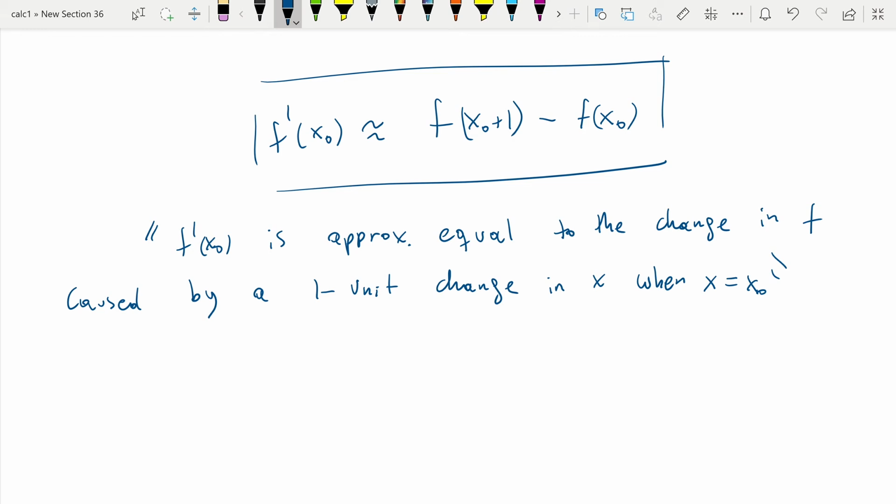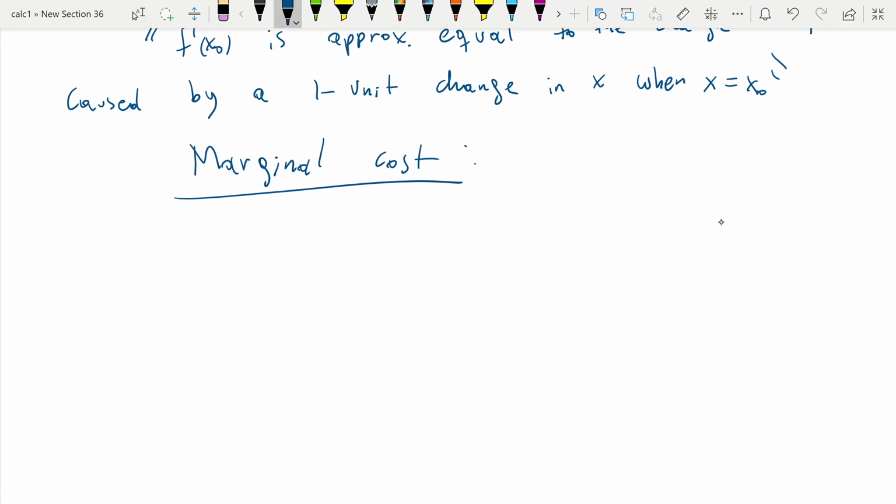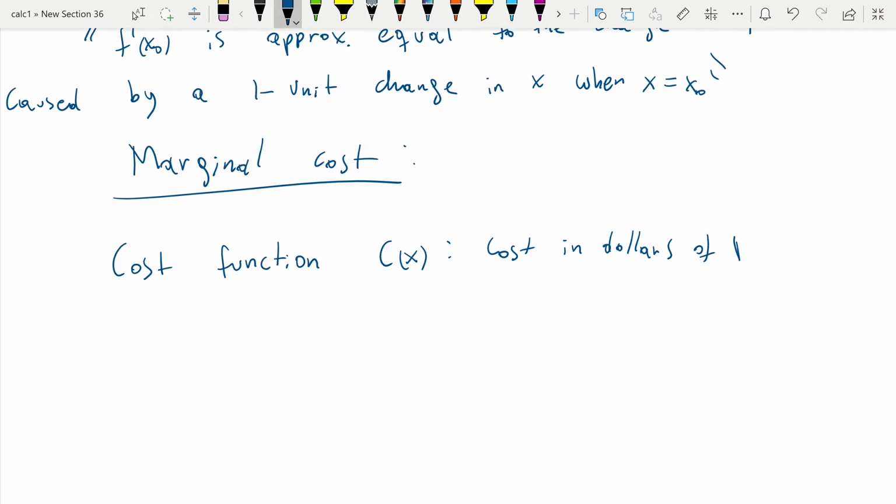And so this is what we discuss next. So usually what we have is a cost function c of x, where cost is of course given in dollars, of producing x units of a product.